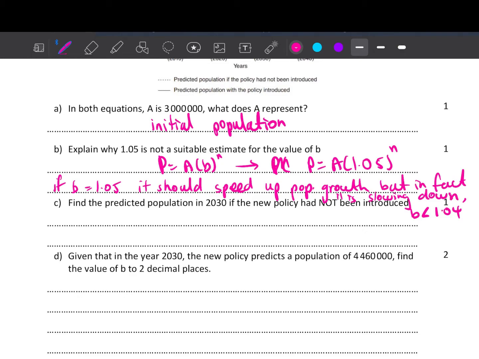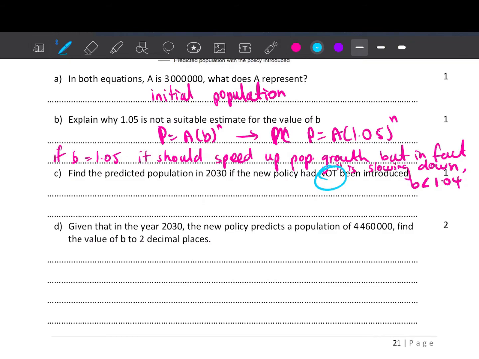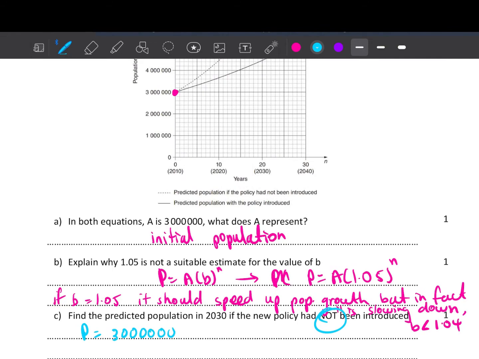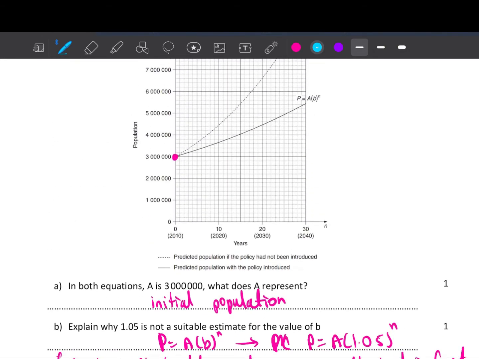Part C, find the predicted population in 2030 if the new policy has not been introduced. So we are concerned with this one here. I'm interested in P is equal to 3 million times 1.04 to the power of n. Now, when it's the year 2030, I am not going to put in n equal to 2030.